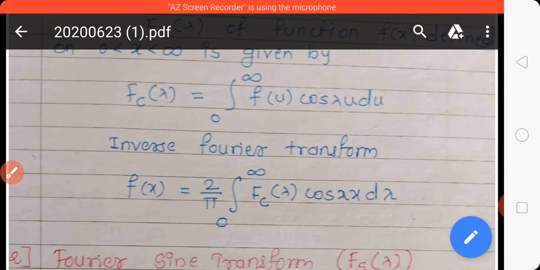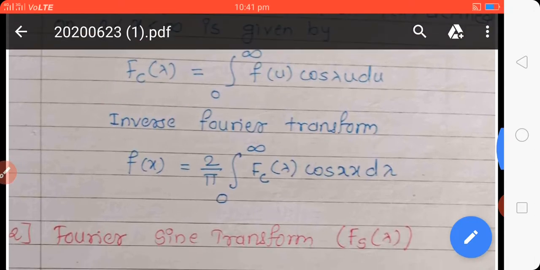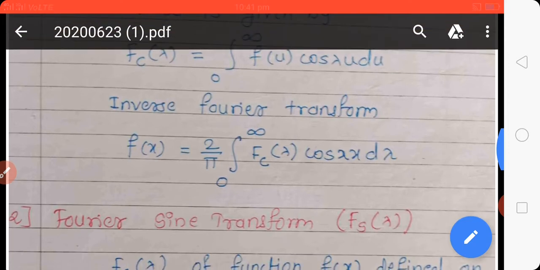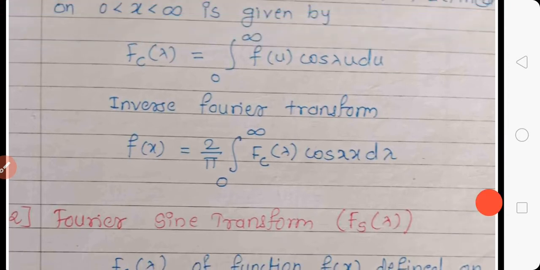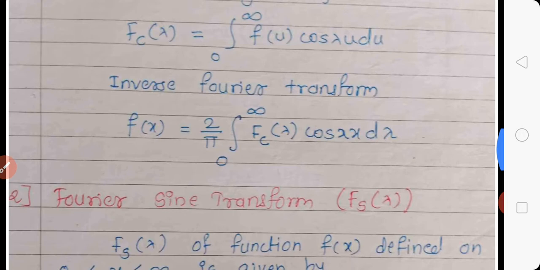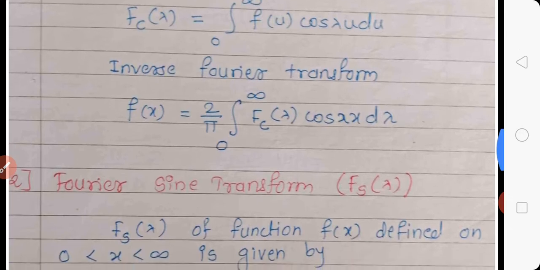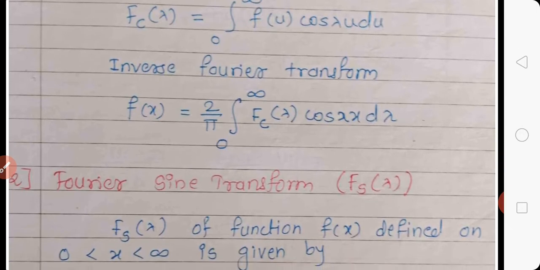Now we find the inverse Fourier transform. For finding the inverse Fourier cosine transform, we find f of x. This is equal to 2 upon pi integral from 0 to infinity Fc of lambda cos lambda x d lambda. Here Fc of lambda is the Fourier cosine transform which is given.